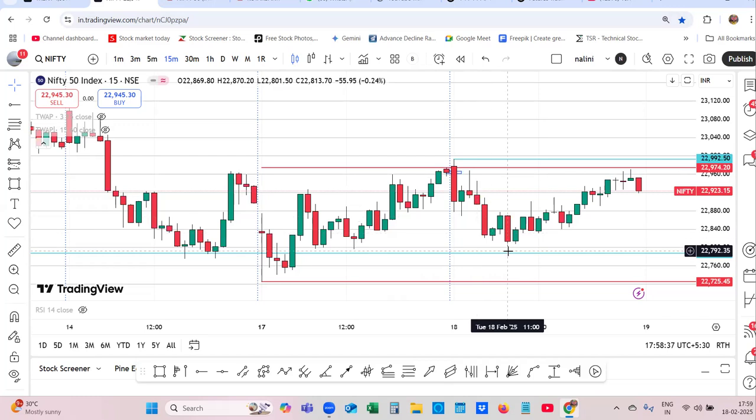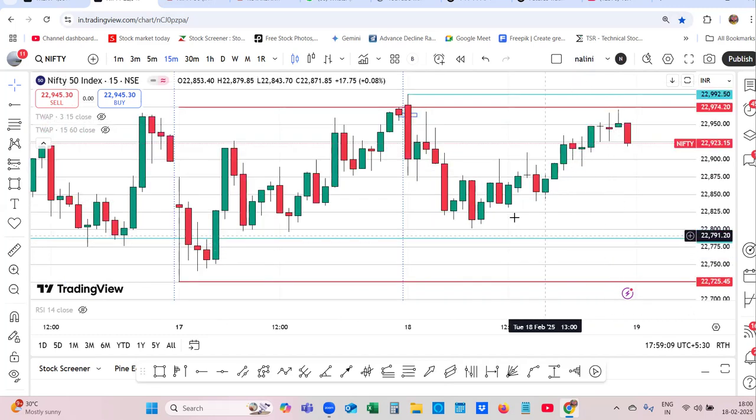So you got 1:7, and actually when it came down to this range, the previous day range, it started reversing and it got rejected from the previous day high. So always try to focus on the upper part of the range or the lower part of the previous day range.